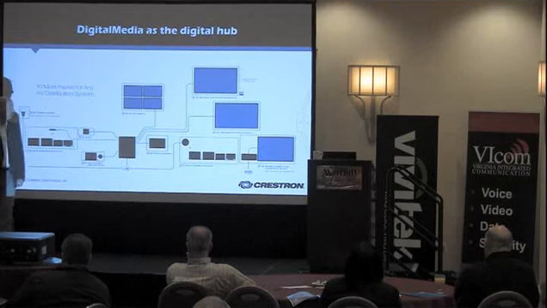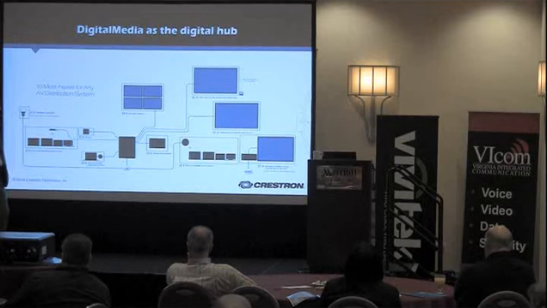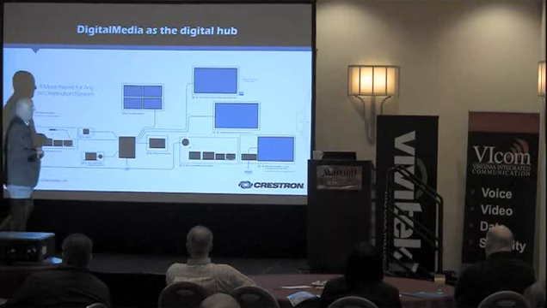Number 7, wireless streaming output for BYOD, meaning I could take what I'm sending from my iPad out through the digital media switch and, not just having a hardware connection, I can stream it.